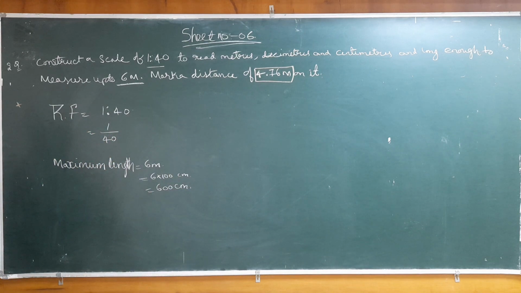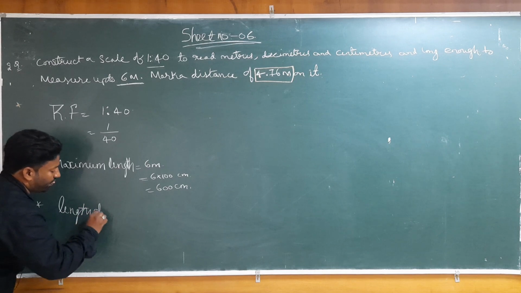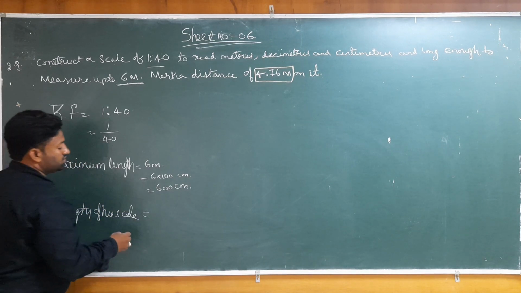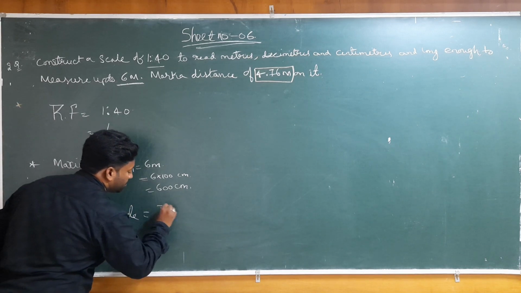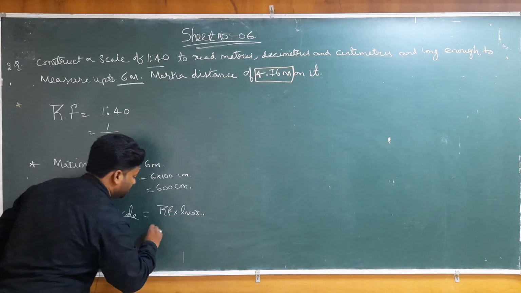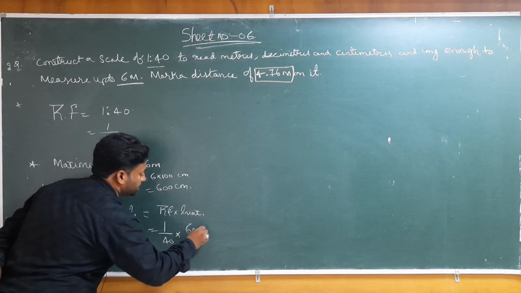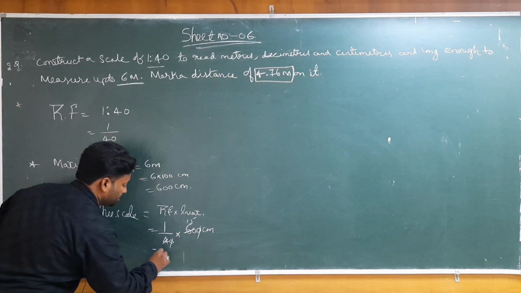Now, after getting the maximum length, we have to find out the length of the scale. Length of the scale is the product of RF and L max. RF is 1/40 into 600 centimeters, that is 15 centimeters.